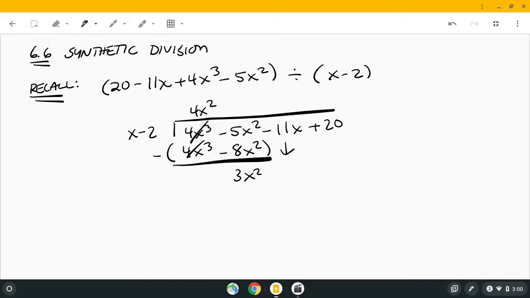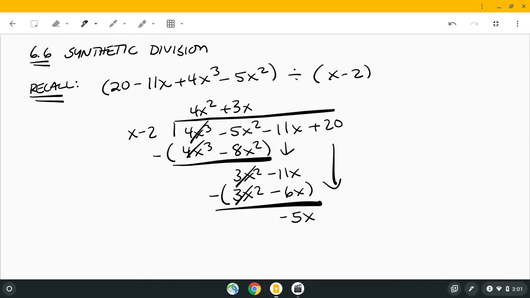And then we bring down the minus 11x. And then we repeat the process. So x times 3x will give us 3x squared. And 3x times negative 2 is negative 6x. And we subtract this. They cancel out. That becomes a positive 6 and a negative 11. So that's negative 5x. Bring down the plus 20.